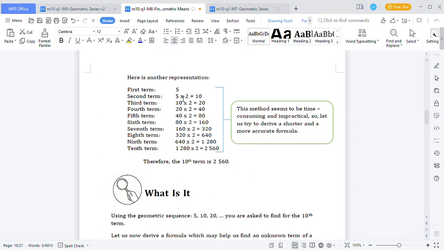You obtain the third term by simply multiplying the second term by 2. And the 10th term there is 2,560. So using this example, we can create a formula derived from here.